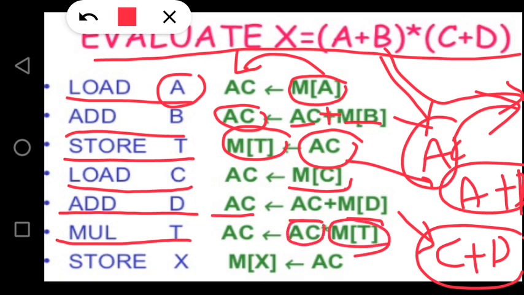Now the accumulator contains C plus D. Multiply, store in AC, and you can say store X. Store that particular accumulator value in memory location X. It is as simple as that. See, the number of instructions has even increased compared to two address: 1, 2, 3, 4, 5, 6, 7. So this is called a one address instruction.